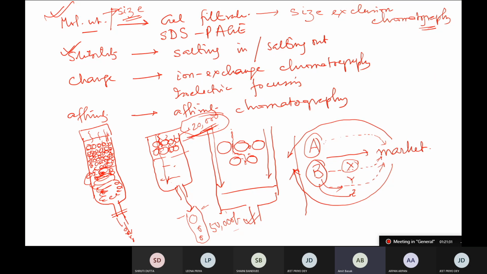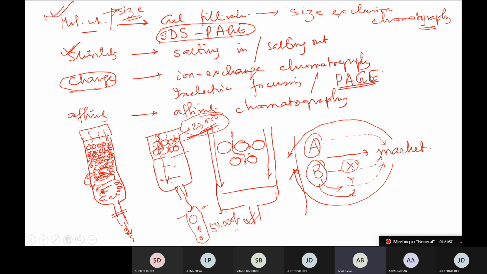Okay, so we have now talked about molecular weight. We have now talked about solubility. Now we have to talk about how to explore molecular weight. There is another one, SDS PAGE, and charge. Actually, charge is also, I should write here, isoelectric focusing, and also PAGE.